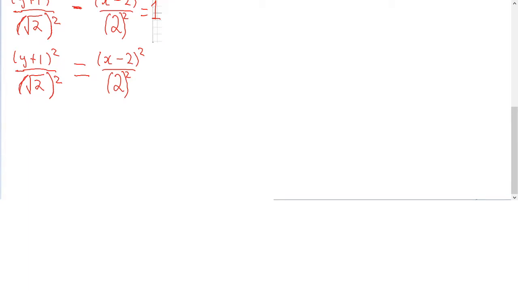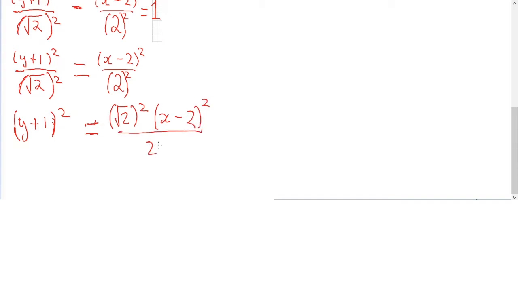And you'll get it in terms of y, which is quite nice, kind of what you expect. So if I do that, first of all, I'm going to times both sides by (√2)². So I get (√2)²(x−2)² all over 2².